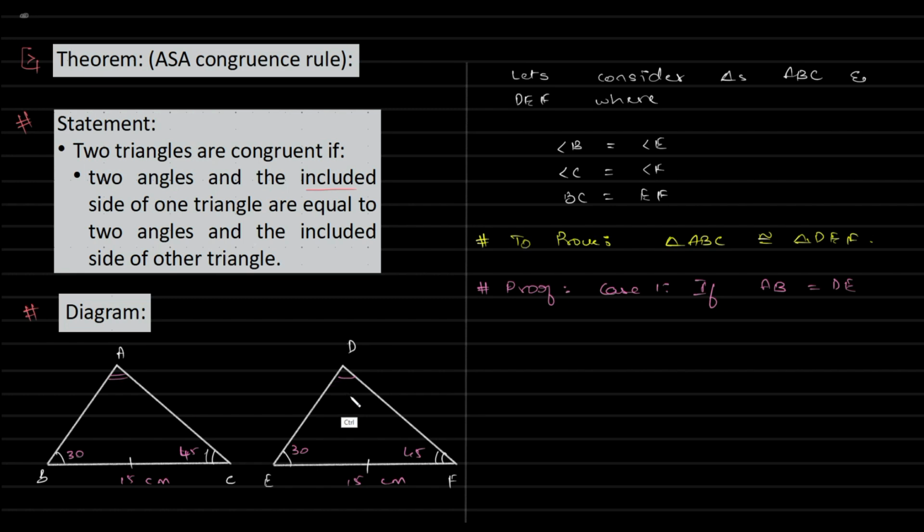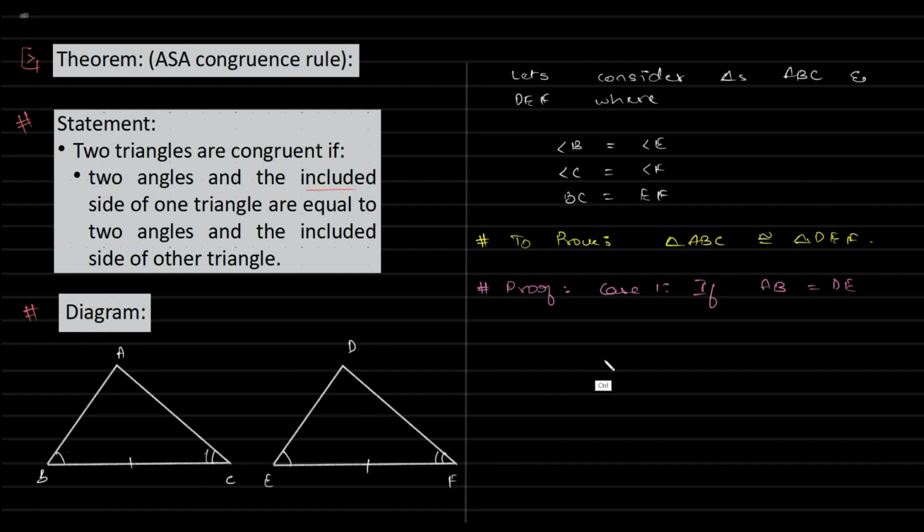Let me erase all of this. The values are only for your understanding. Now case 1. When AB is equal to DE, if these two sides are equal, what happens? Well, if we have a side, another side and the included angle of the two triangles equal, then these two triangles are congruent.